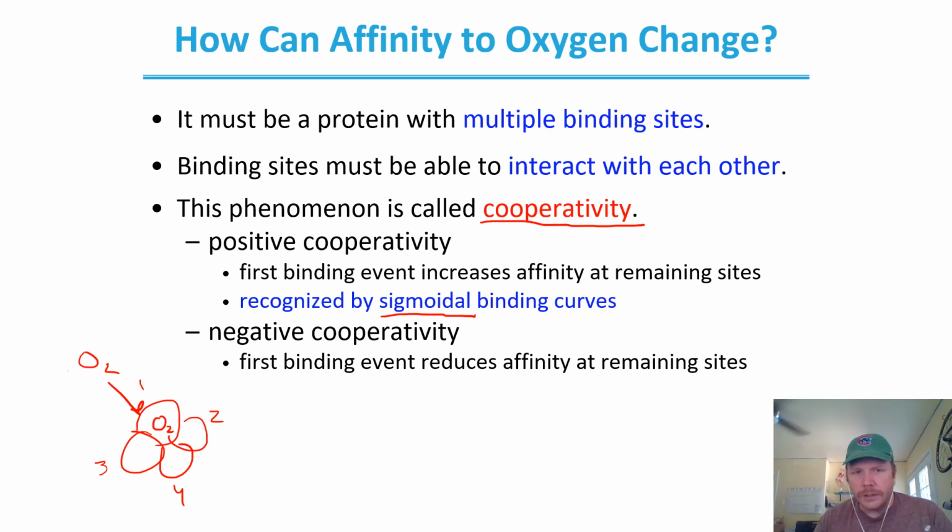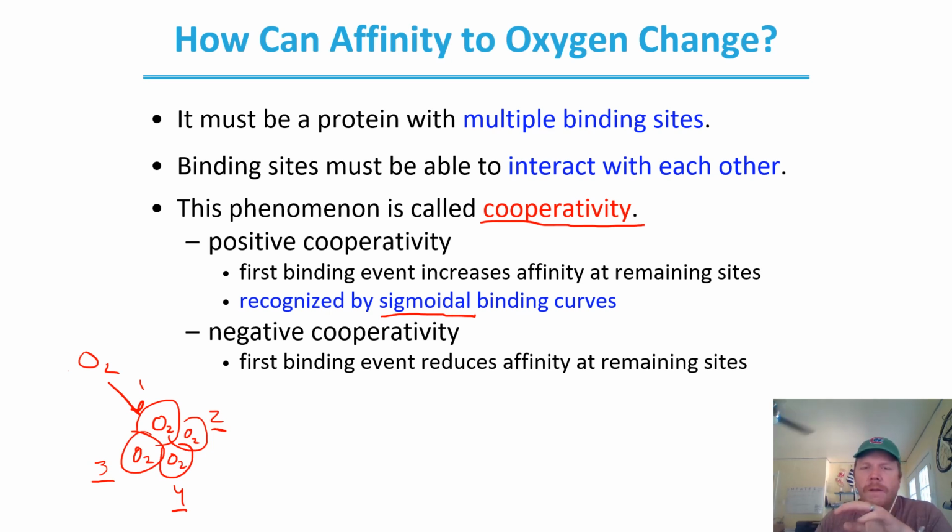And when it does, it causes subunit number 2 to say, oh, well, I want to bind some O2, and it does. Then 3 says, well, 1 and 2 have bound to O2, so I'm going to bind some O2. And then the 4th one says, okay, fine, if you guys have all bound to O2, now it must be cool, so I'm going to go ahead and bind it.